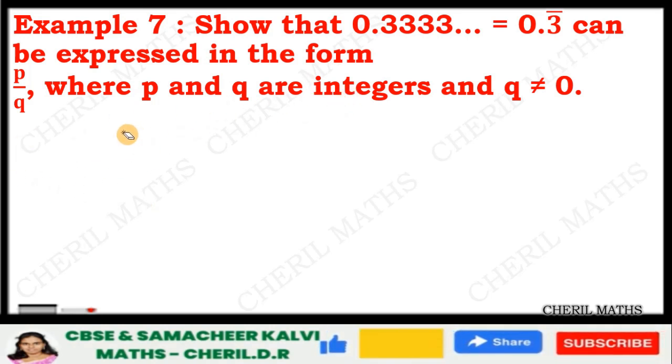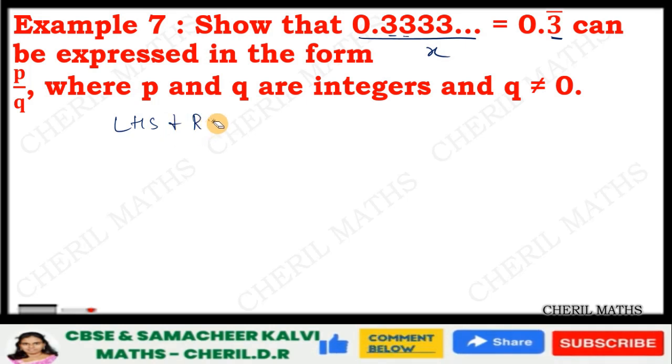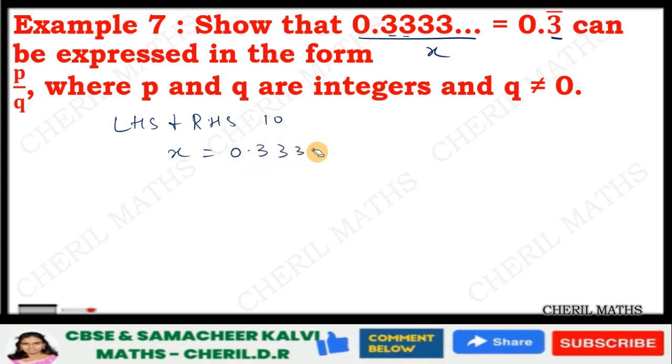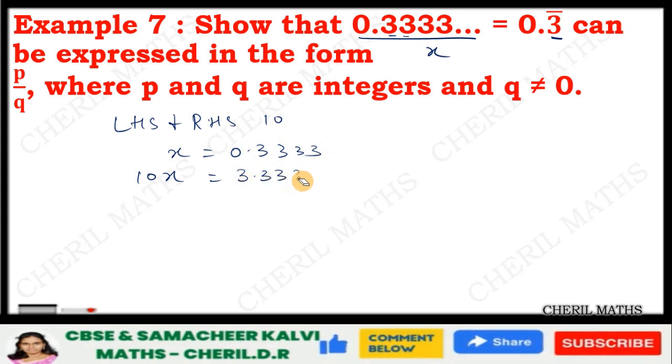So what did we do first? We considered this value to be x. Then since it was repeating after every single digit, we multiplied the LHS and RHS by 10. So your x was 0.3333, and your 10x was 10 into that, so you got 3.3333.